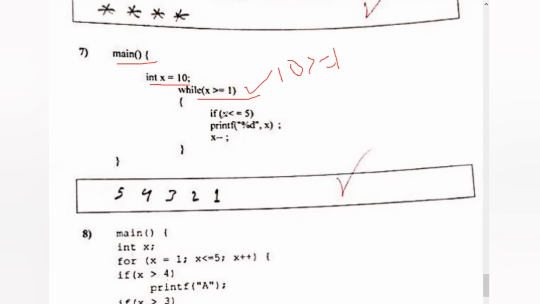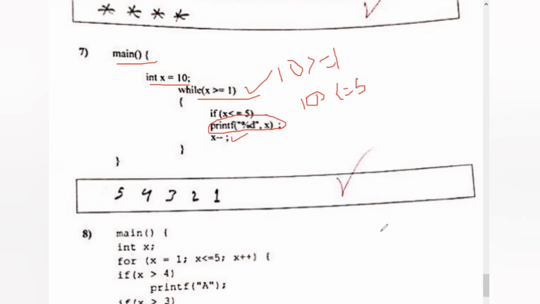Then, if x is less than or equal to 5, 10 is not, so this will not execute. This will not execute, and x will be decremented by 1.